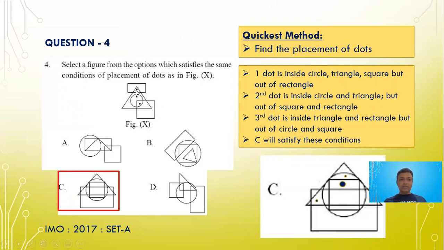And the third dot is inside the triangle, inside the rectangle, but out of the circle and out of the square. So only option 3 will satisfy.